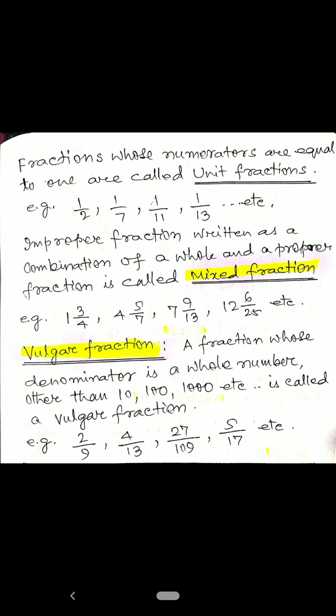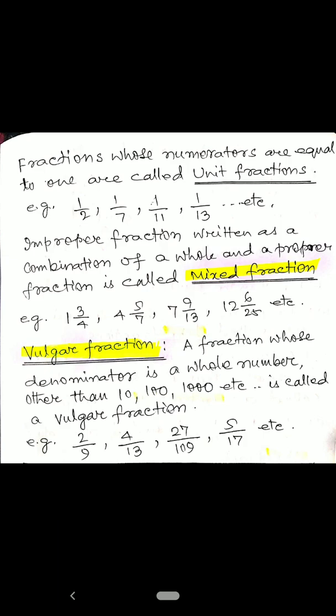Now, vulgar fractions. A fraction whose denominator is a whole number other than 10, 100, 1000 and so on... 9, 4 by 13, 27 by 109, 5 by 17, etc. are vulgar fractions.